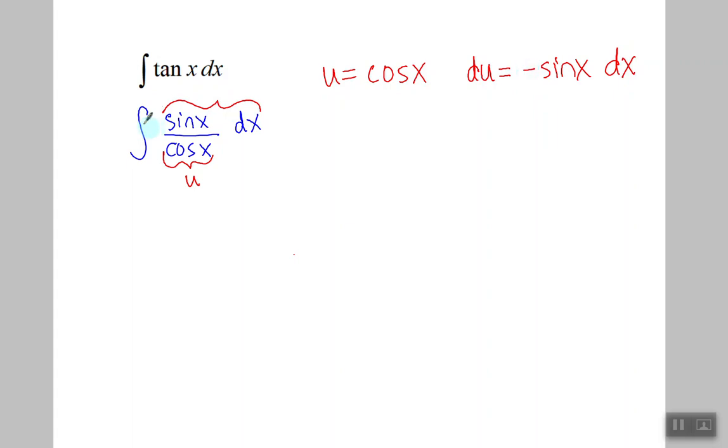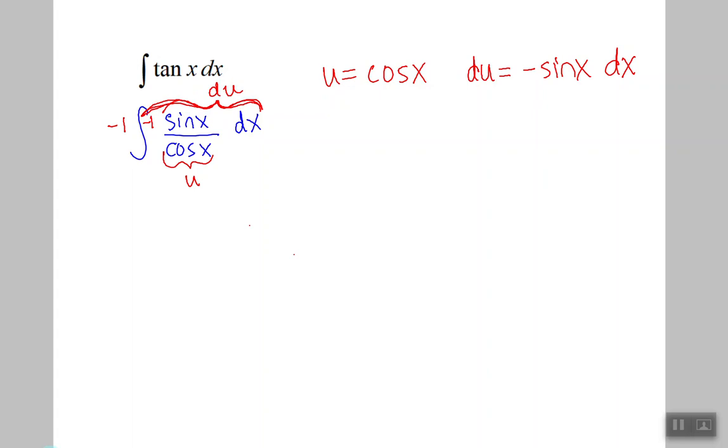So we're going to multiply by -1 and balance that by multiplying by -1, because -1 times -1 is +1, and multiplying by +1 doesn't change anything. So we have all of this part now. That is our du.